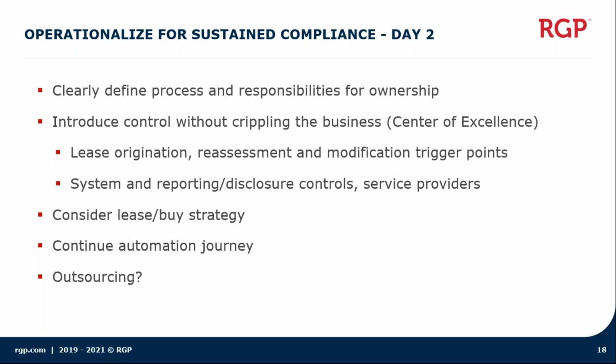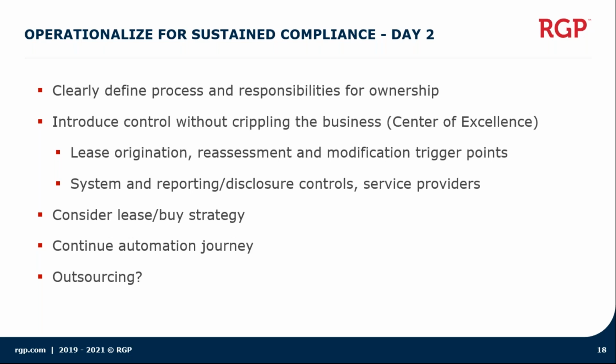So in the context of a new lease, within procurement, what are they required to send to finance and accounting to make sure that gets updated in the system? Is it just the contract, or is it the payment structure? Clearly defining everything that needs to be communicated to accounting and finance to update the accounting platform.